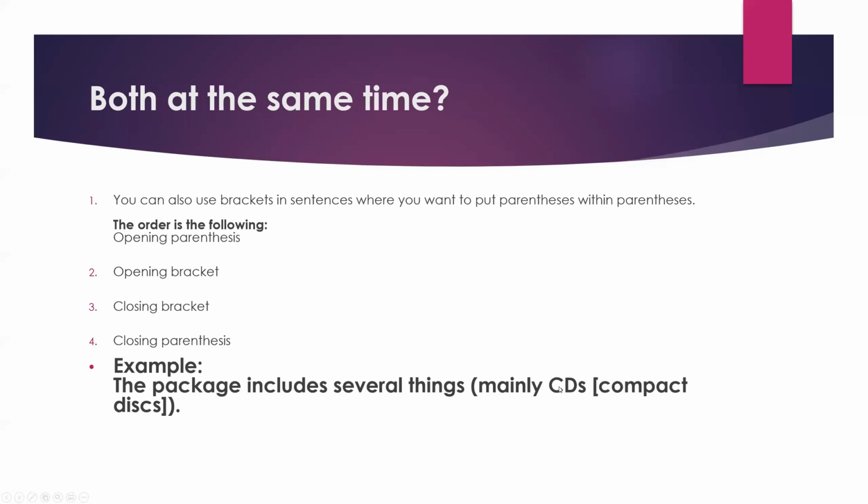Now, CDs, it's an abbreviation. You can explain abbreviations within brackets, and it is exactly what this sentence does here. The abbreviation is explained within the square brackets, and then the parentheses are closed. Then the sentence is finished, okay?